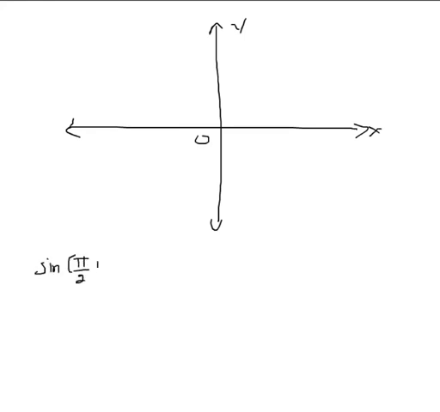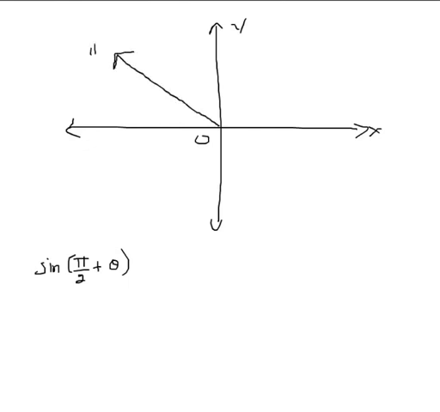Now, next formula. Let us take the angle pi by 2 plus theta, where theta lies between 0 and 90. If I add an angle between 0 and 90 to pi by 2, it will be lesser than 180. It will be a second quadrant angle.